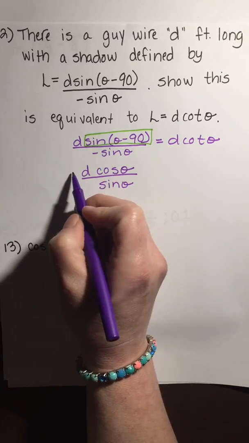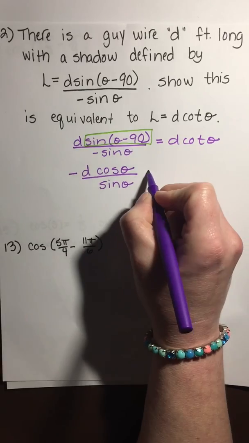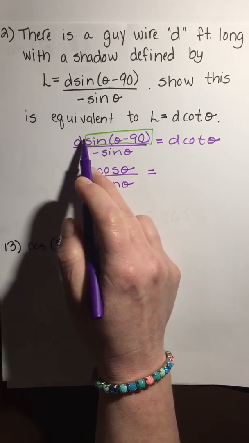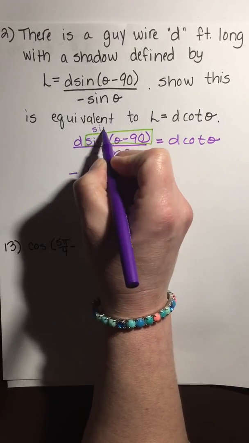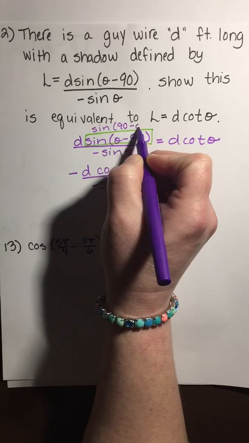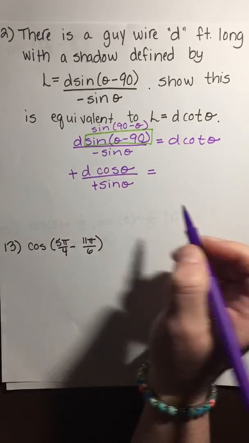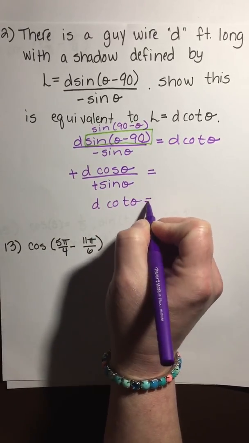And that would actually be a negative d since I flipped the formula around. And then you had the negative on top where I changed this around and the negative on bottom because it's usually the sine of 90 minus theta, right? So the negatives will cancel, and then cosine over sine is cotangent.